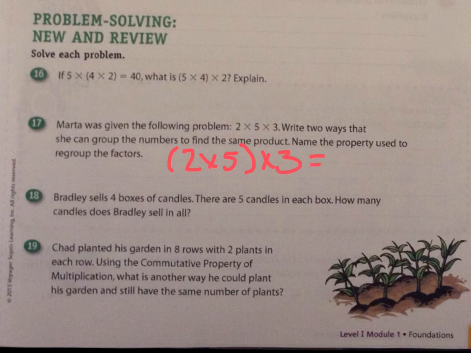Or you can put the parentheses around the 5 times 3. And the property that states you can do that is your associative property of multiplication.